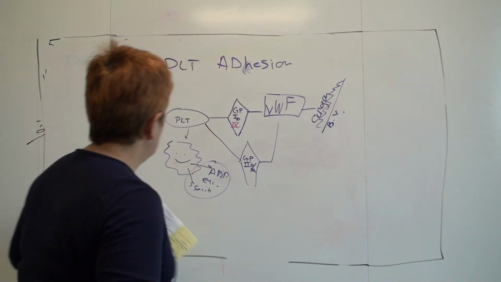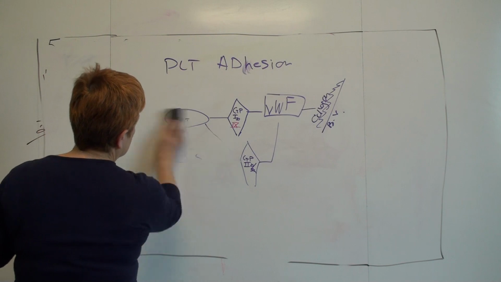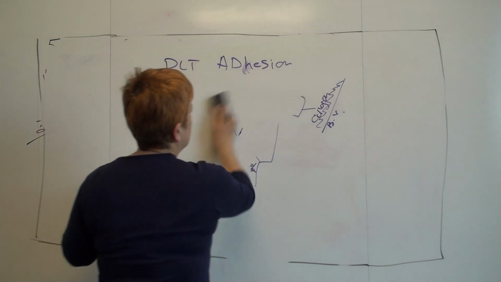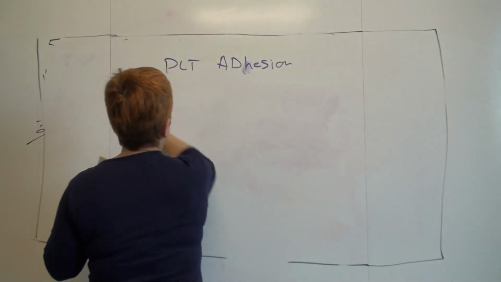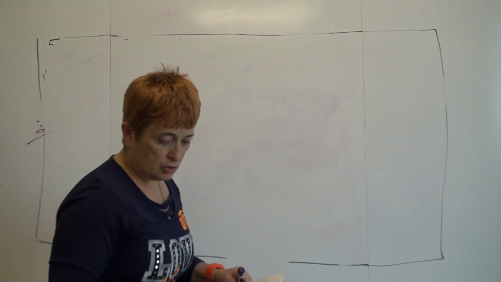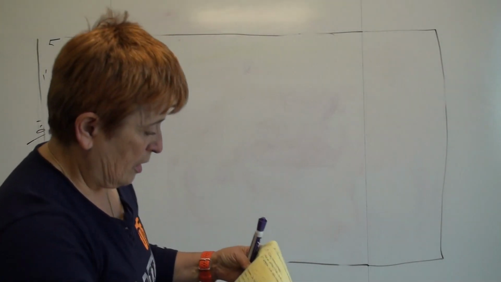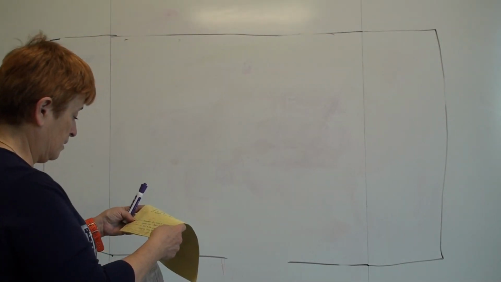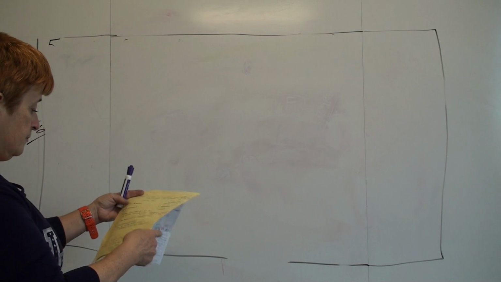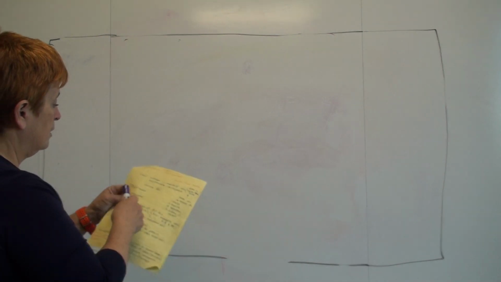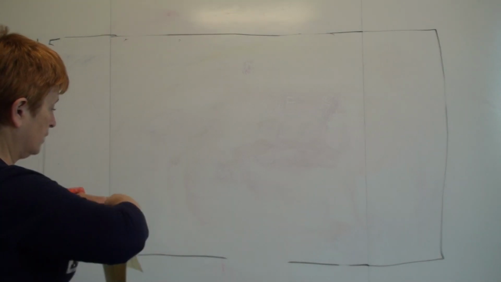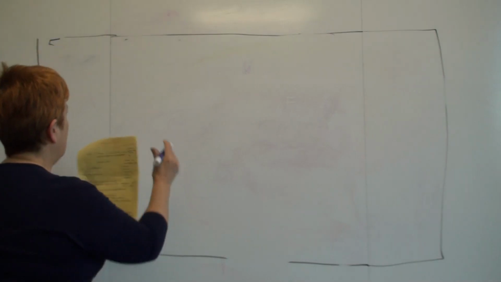Okay, so that was just platelets. We're going to get more specific into that, but you've got to remember how the platelets are going to be adhering. All right, so we're going to look at natural.